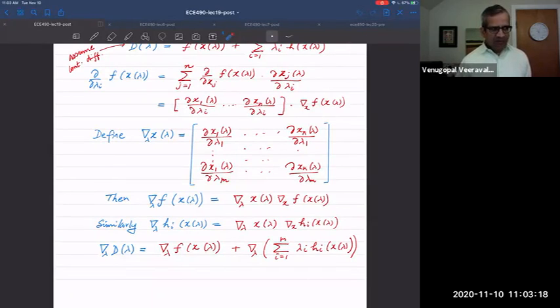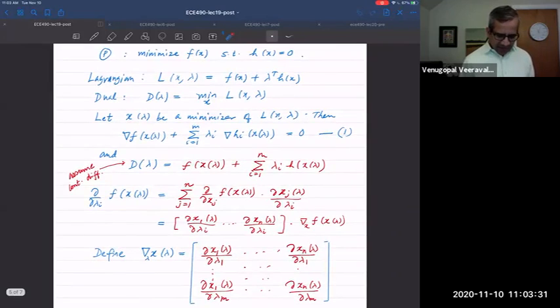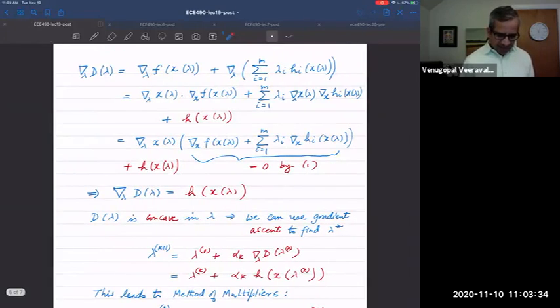And so if you can find the gradient of the dual function, you can use gradient descent to find lambda star. And then we said, well, if d of lambda is differentiable, then the gradient of d of lambda just happens to equal h of x, lambda. Okay, so you can do gradient descent to find lambda star from d of lambda using an iteration like this, basically alpha k times h of x, lambda k.